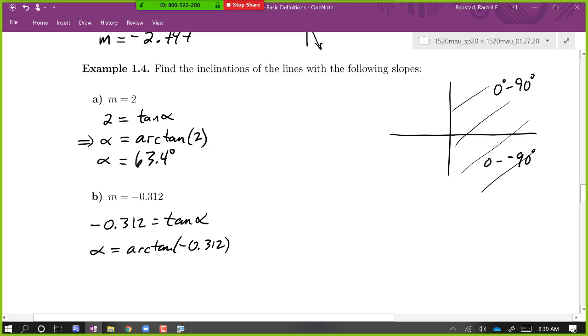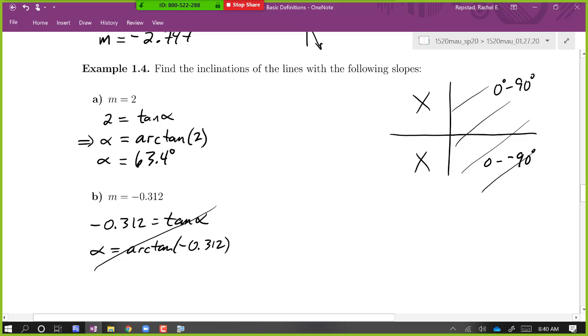It does that because it wants a nice continuous range, minus 90 to 90. It will never give you an angle in the second or third quadrant. Arctan is not designed to do that. So we have to adjust our approach here. We're going to have a second go at this problem.